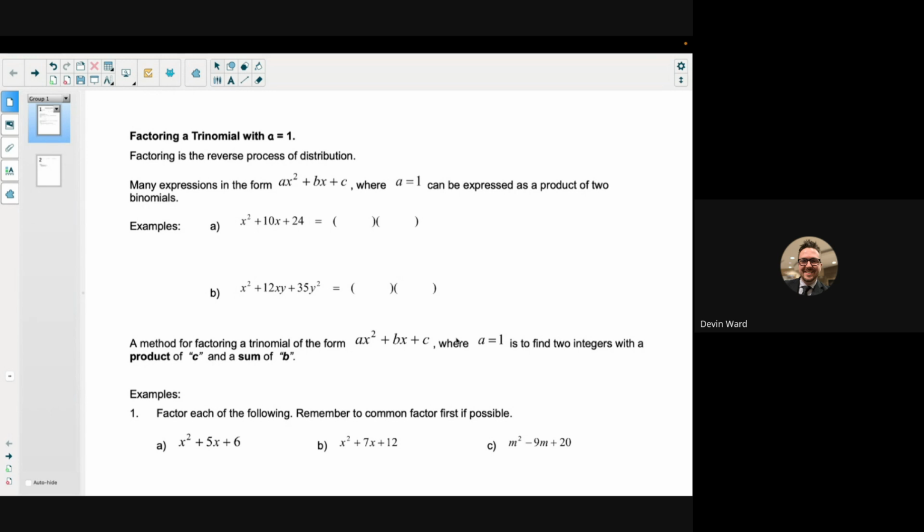Good. Remember, the question said common factor first if possible. So let's look here. All these numbers are even. I can factor out the 2. Realistically, for any simple trinomial I give you, if you have a number on it, factor out that number. Okay. So I'll factor out 2, but then they also all have an a term, so I'll factor out 2a from all of them.